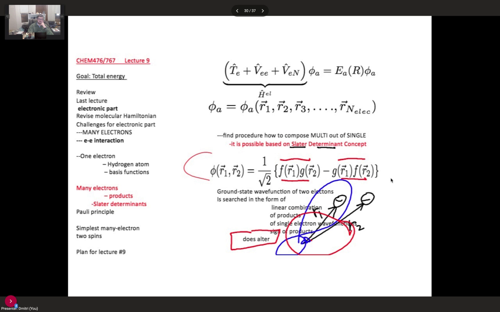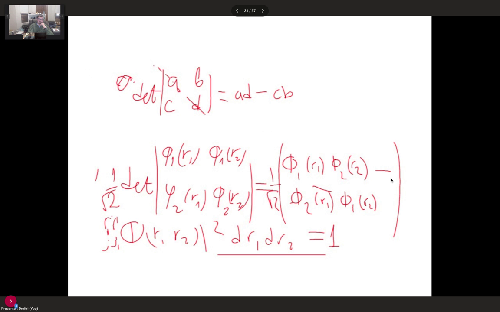Let's look. I should have written it on the next slide. So here the top line shows the definition of determinant, right? A, B, C, D, yes. Diagonals minus off diagonal.